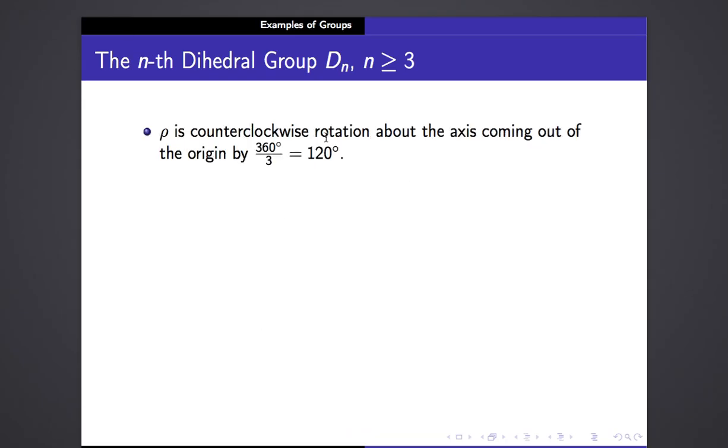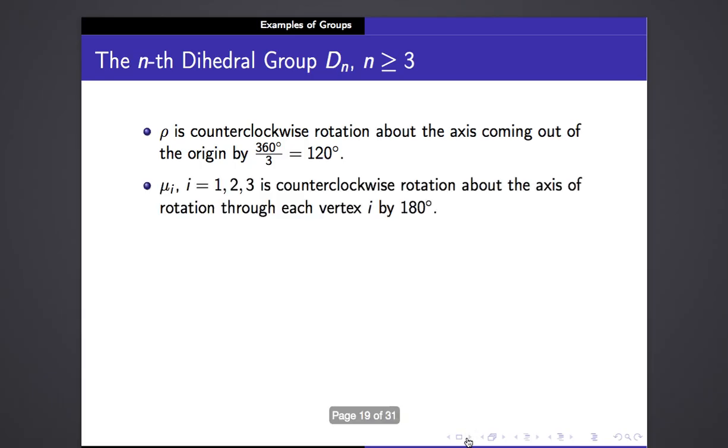Rho is a counterclockwise rotation about the axis coming out of the origin by 360 divided by 3, so each rotation is by 120 degrees. Mu i, for i equals 1 to 3, is a counterclockwise rotation about the axis of rotation through each vertex i by 180 degrees.